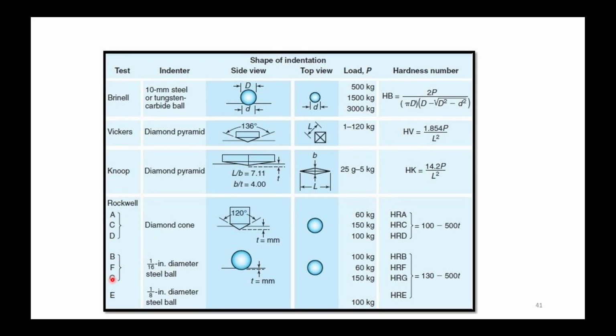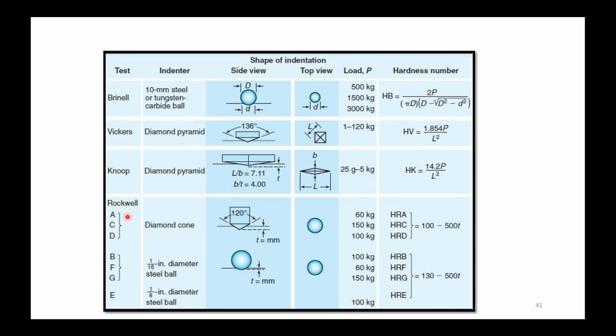Now this is the summary for various hardness tests. So these are the indenters that I used. In Brinell, as I told earlier, we use a steel or tungsten carbide ball. In Vickers, we use a diamond pyramid with a 136 degree angle, and for Knoop we use a diamond pyramid which is not symmetric in dimensions, so the diagonals have a ratio of 7.11.